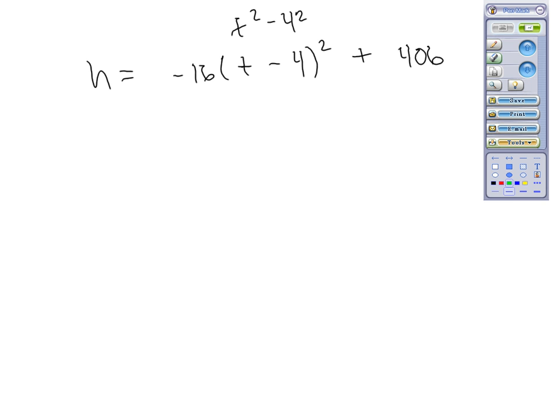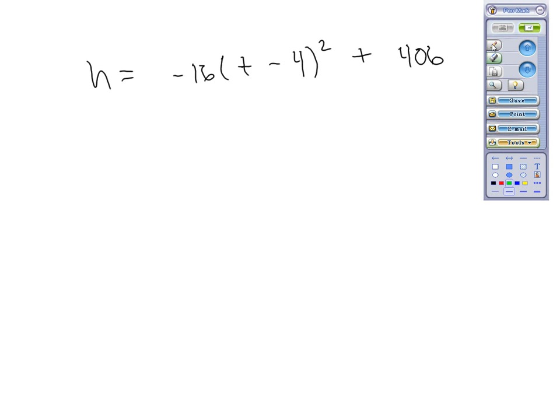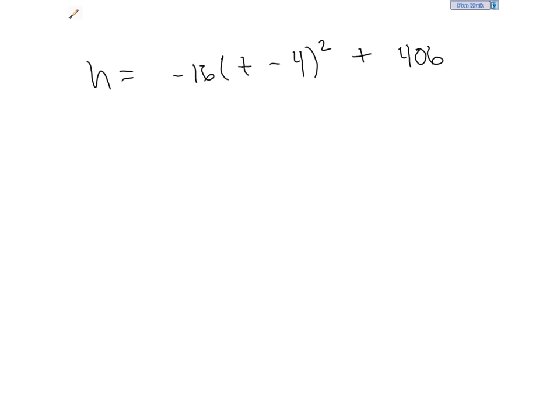But remember, that doesn't work because taking t minus 4 and then squaring it is not the same thing as taking t squaring it and taking minus 4 and squaring it. For example, put in 5 for t. Well, 5 minus 4 squared would be 1 squared, which is 1. But 5 squared is 25, 4 squared is 16, and 25 minus 16 is 9.